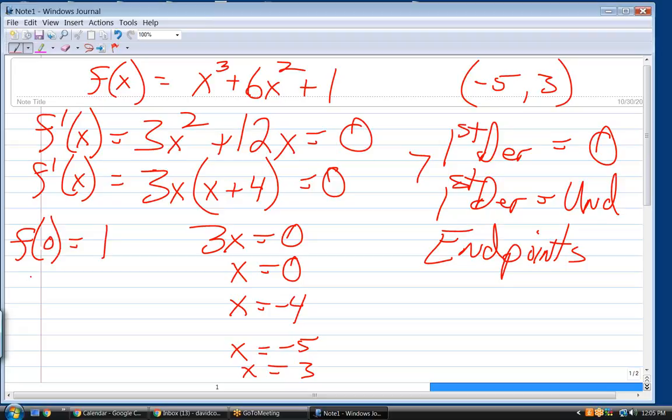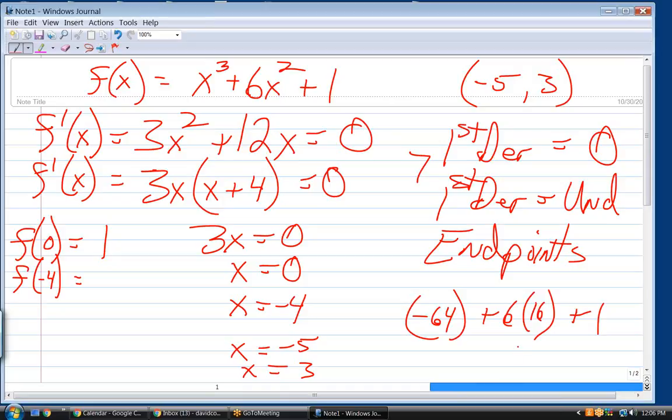What is f of 0 equal to? 1. What is f of negative 4 equal to? We have negative 64 plus 6 times 16, which is 96, plus 1.